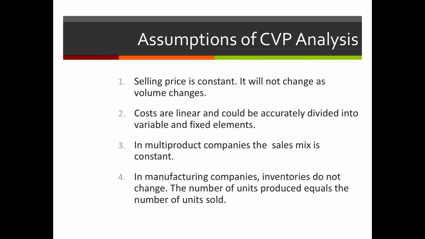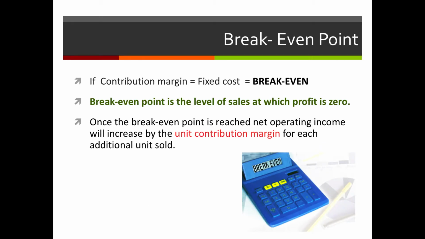I mean, what percentage of your sales is paninis, or what percentage of your sales is pizza, and that sales mix will be constant for applying this model. In manufacturing companies, inventories do not change. This is really, really important. The number of units produced equals the number of units sold. So those are the four assumptions for using this cost-volume-profit analysis.